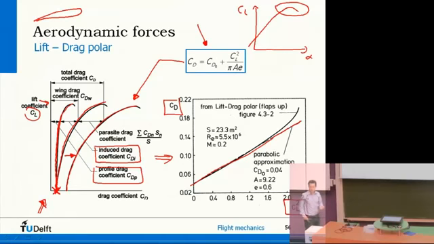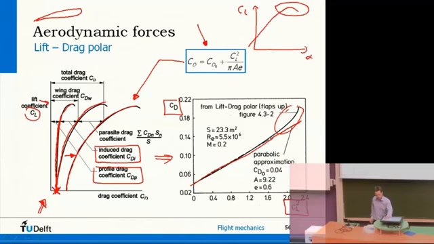And this basically shows us, you could do this for many different types of aircraft, you would always see more or less the same plot. This basically tells us that this parabolic equation is actually correct. It's really good. Up until very high lift coefficients, it's almost spot on.